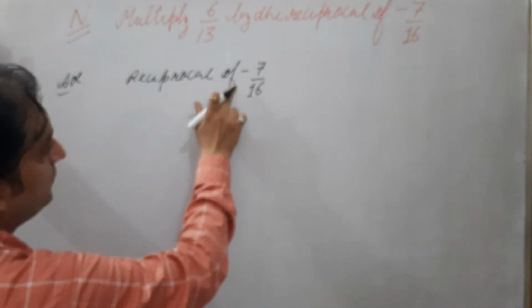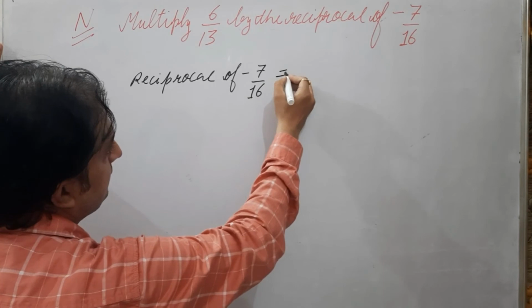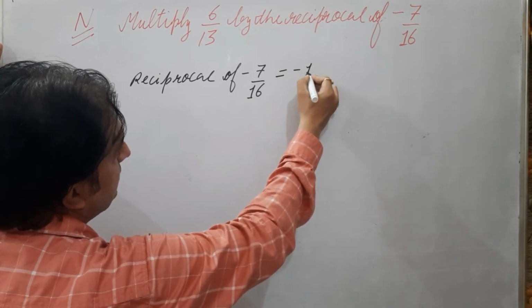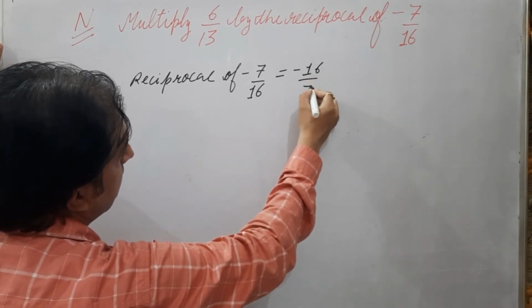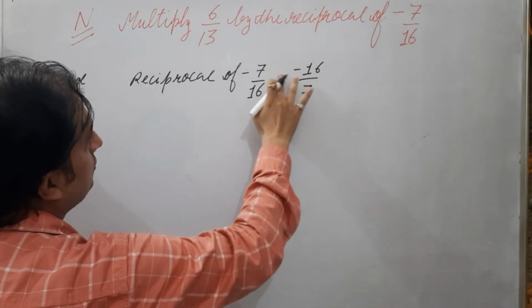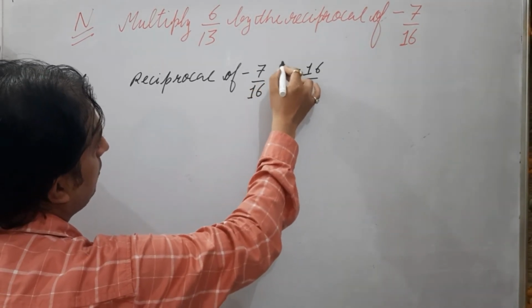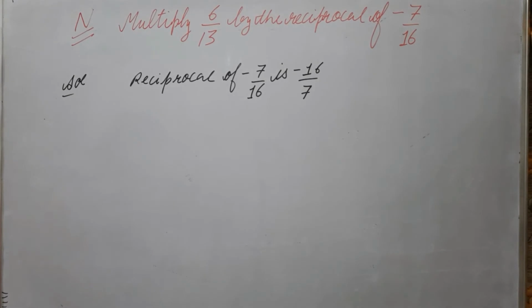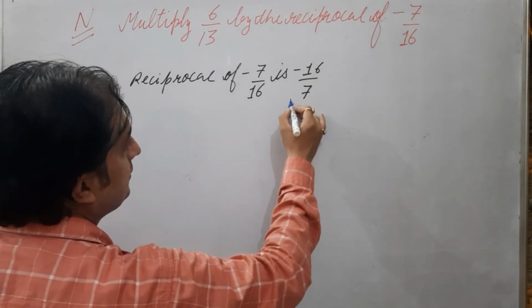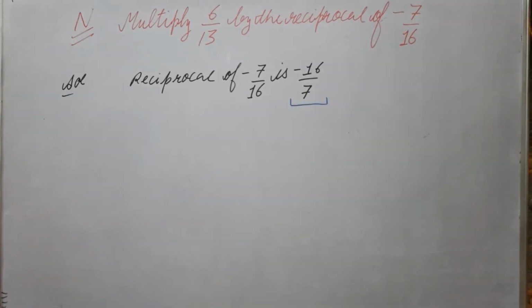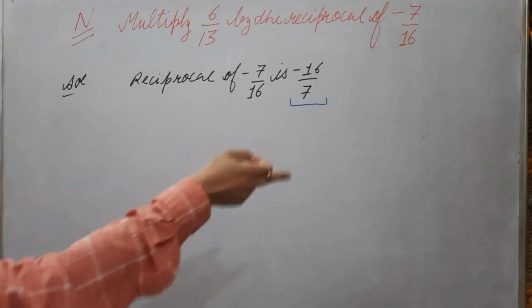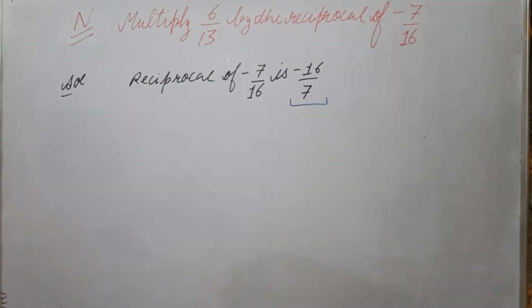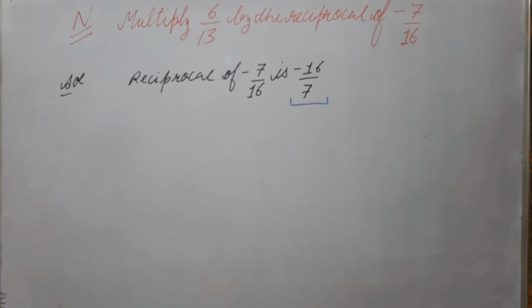So the reciprocal of minus 7 upon 16 is minus 16 upon 7, right? This is the reciprocal of the rational number which is to be multiplied with 6 over 13.